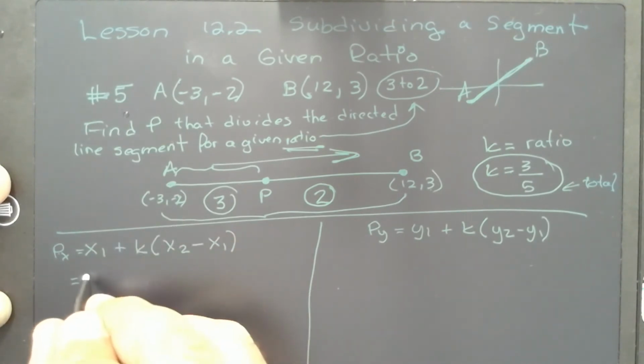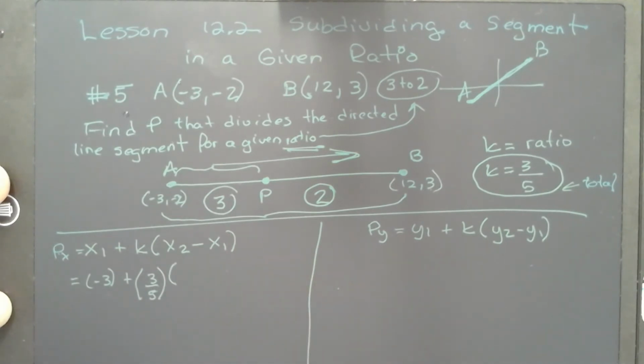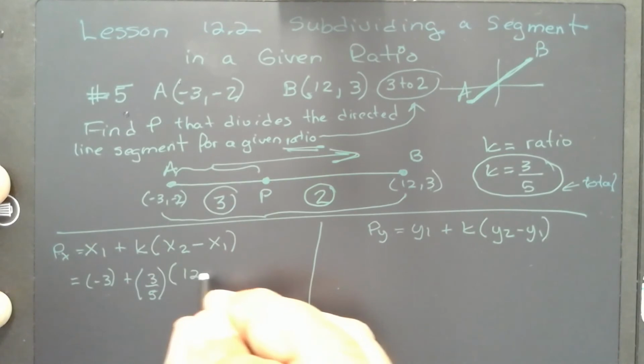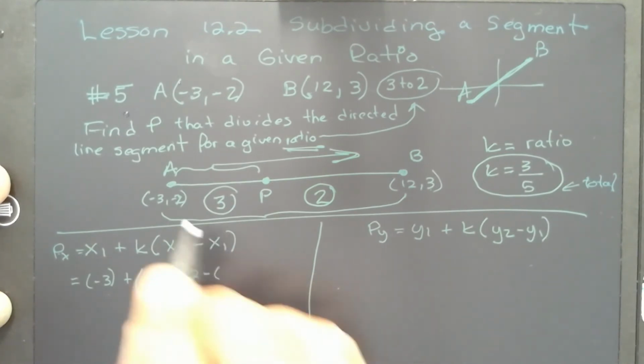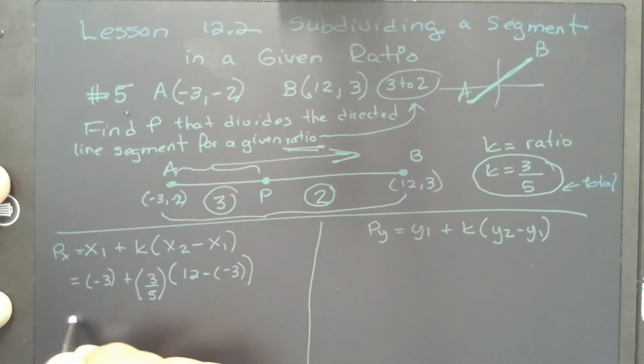So here we go. x1 is going to be -3 plus my k, 3 over 5, times x2, which is 12, minus negative 3. We're going to multiply that.